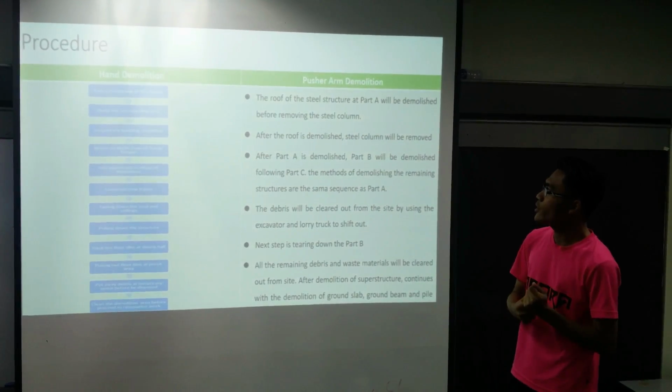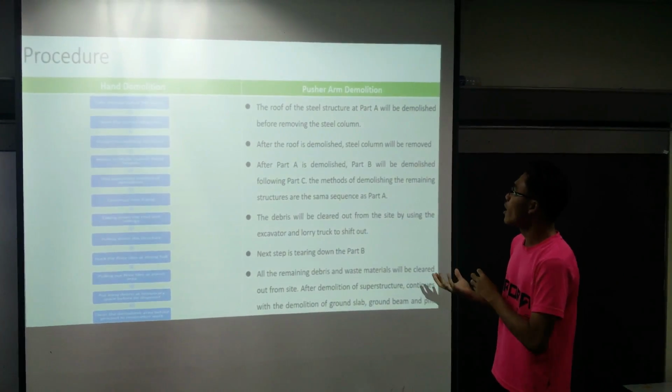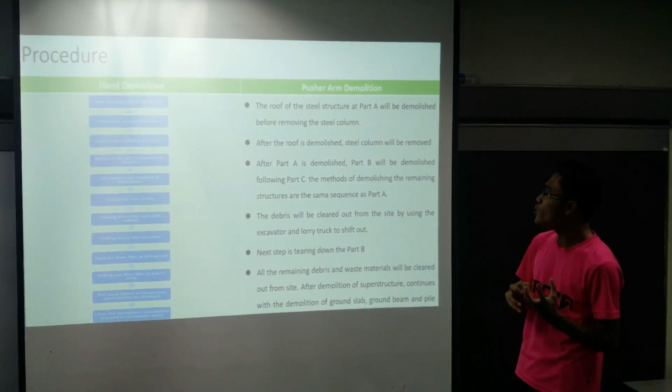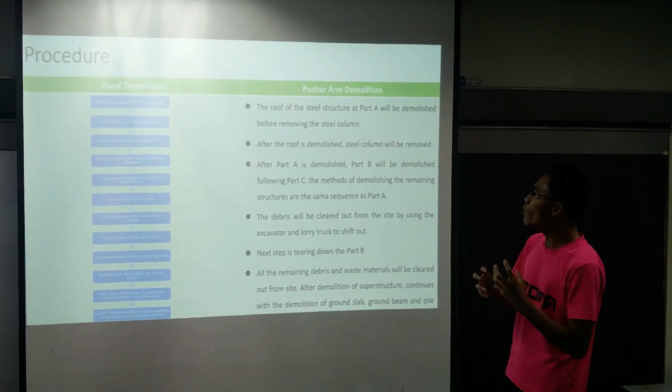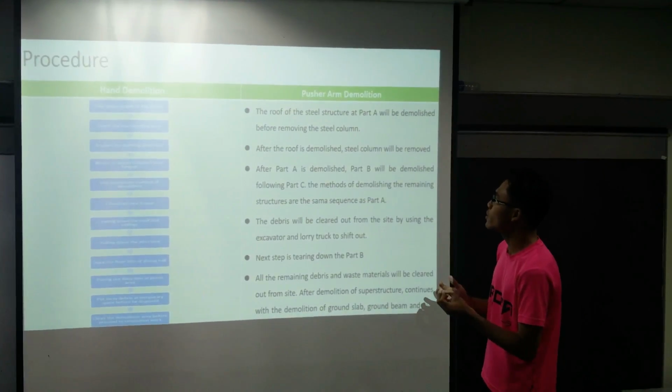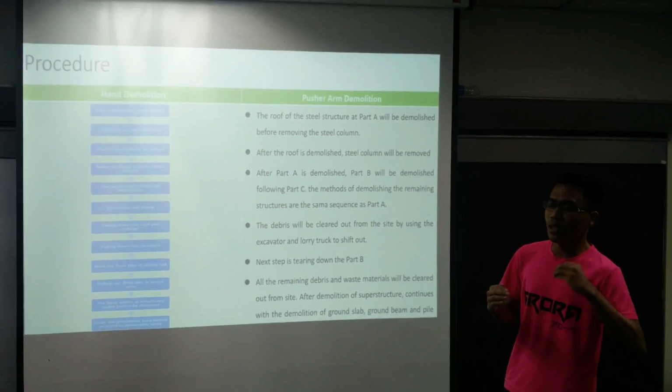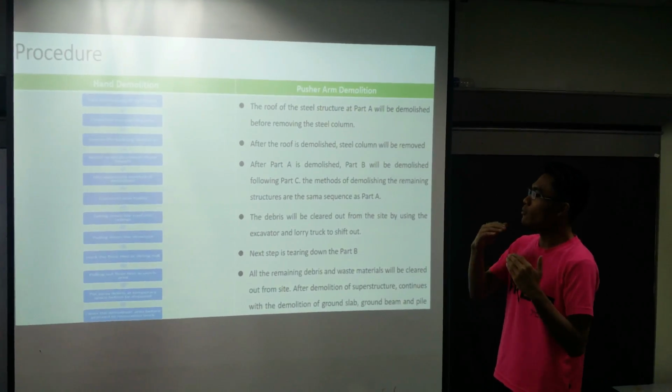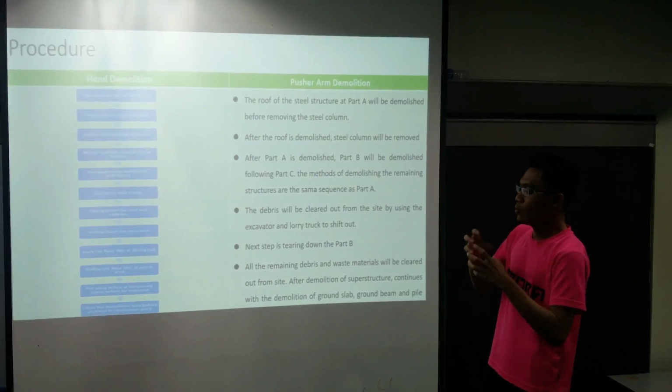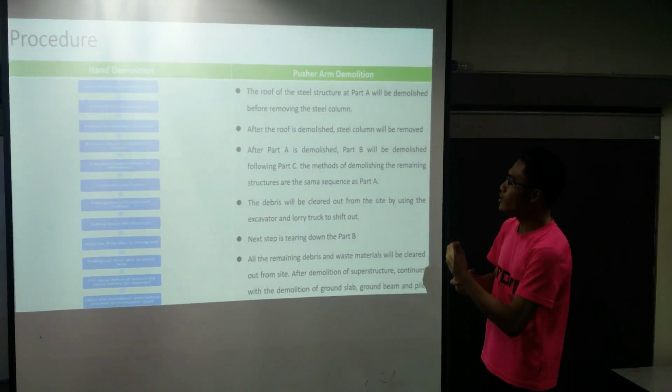The first procedure is the roof of the steel structure and part A will be demolished. Before removing the steel structure, the roof must be demolished first before we remove the steel column.